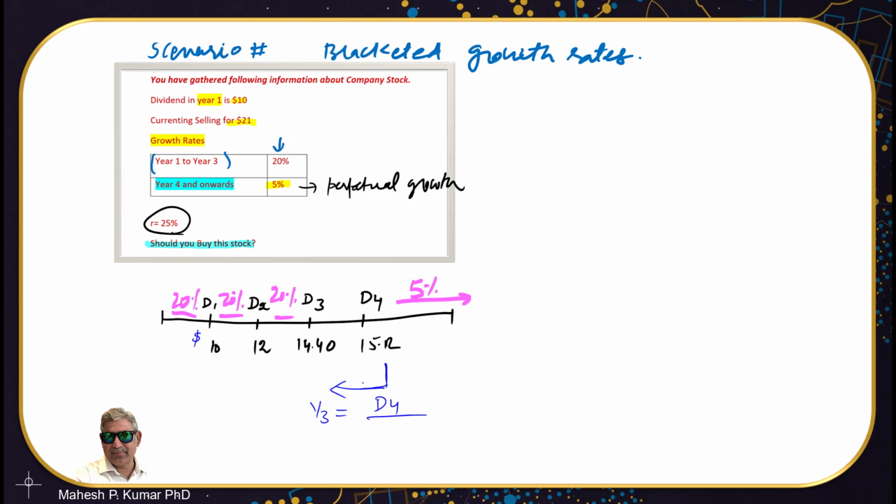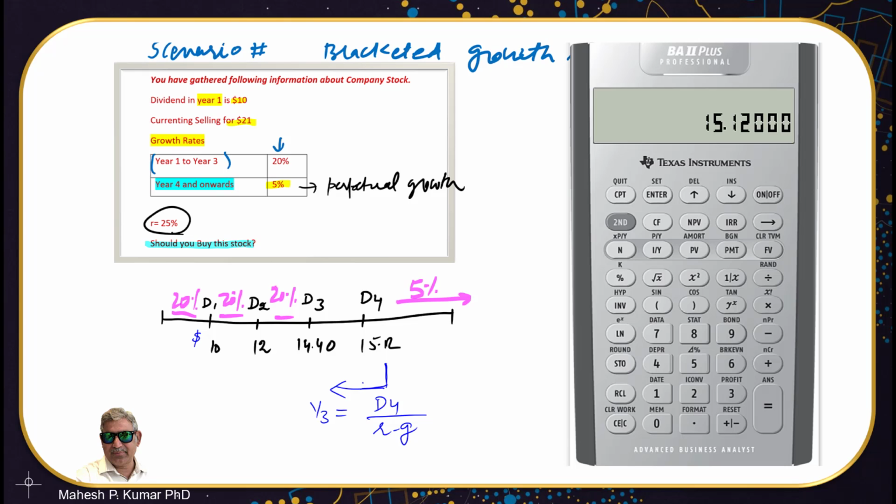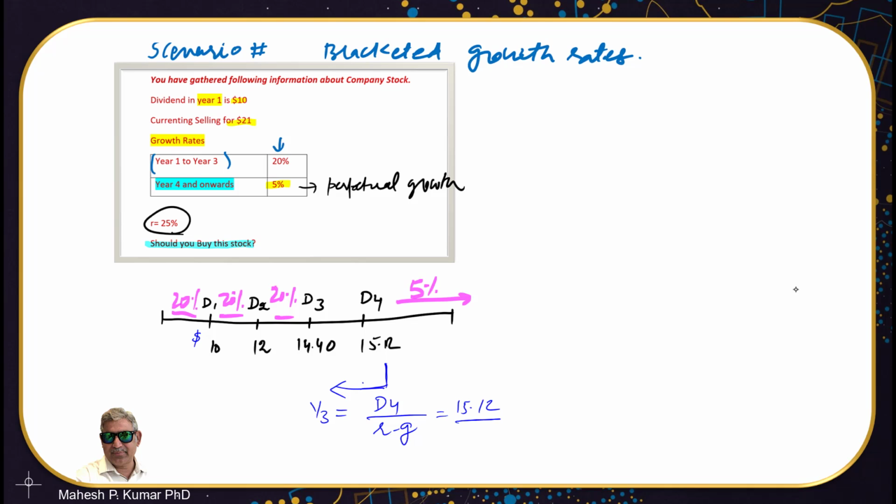This is, as we already know, the extension of the Gordon growth model, so it would be D4 divided by R minus G. D4 is 15.12, divided by R, which is 0.25, the required rate of return on equity, minus the growth rate of 5%, because we are considering D4 when it has stabilized and become a perpetual growth rate.